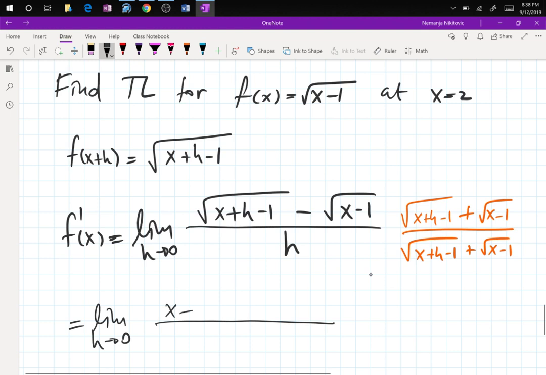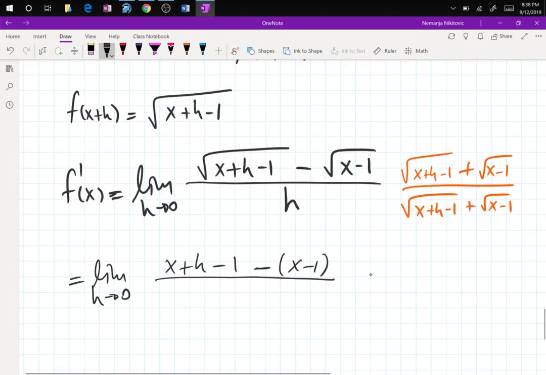So you get x plus h minus 1. And then you have a minus over here. The middle terms will cancel, and you have x minus 1 in the parenthesis, divided by h times square root of x plus h minus 1 plus square root of x minus 1.